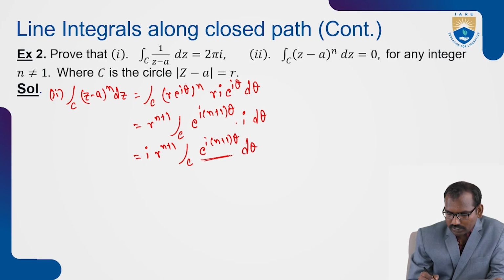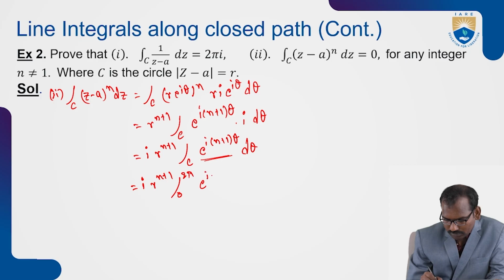Now the integrand comes in terms of theta. Along the curve C, how is theta varying? It is varying from 0 to 2 pi. So i times r power n plus 1 times the integration from 0 to 2 pi of e power i times (n plus 1) times theta d theta.